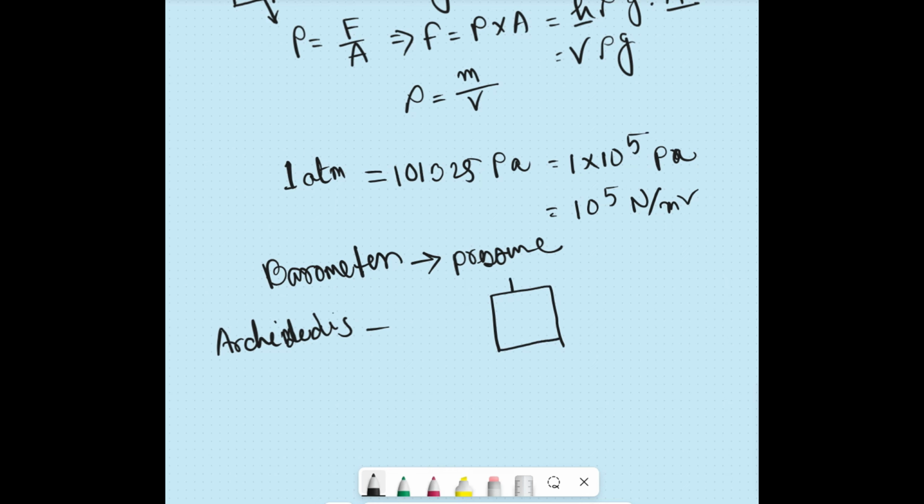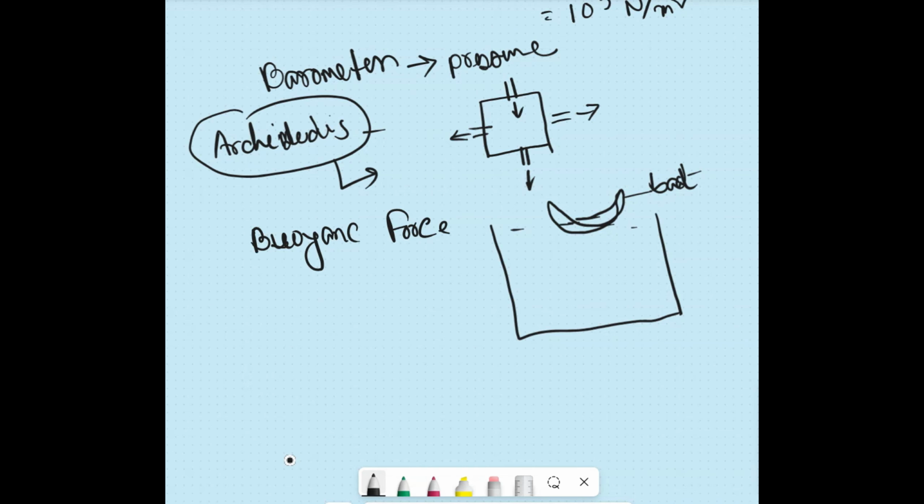So if we give a pressure here, the same amount of pressure will be realized here, here, and here as well. And of course, by using this Archimedes theorem, we have some numerical problems as well to solve. Now we are going to understand a bit of buoyancy force.